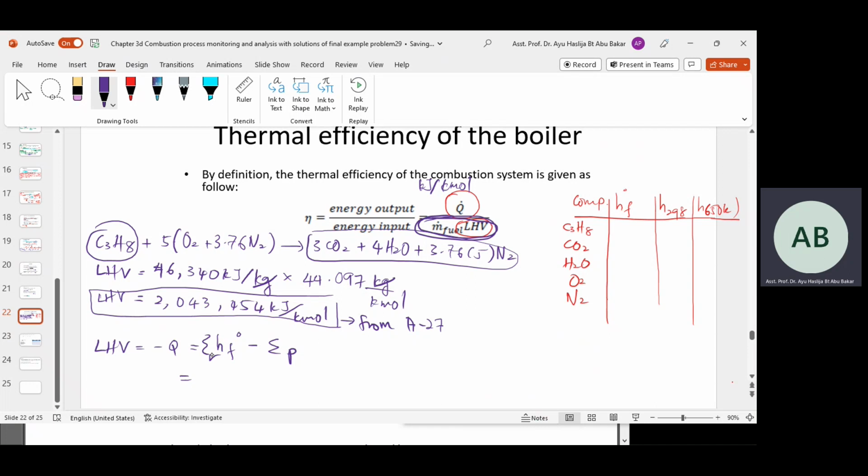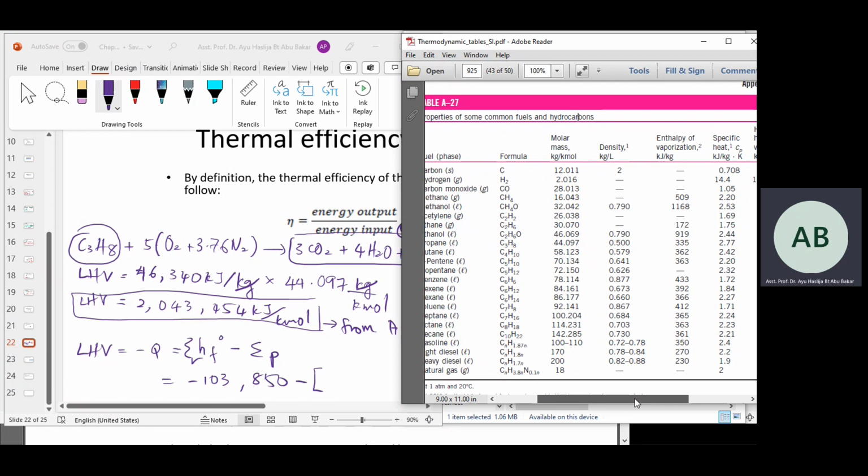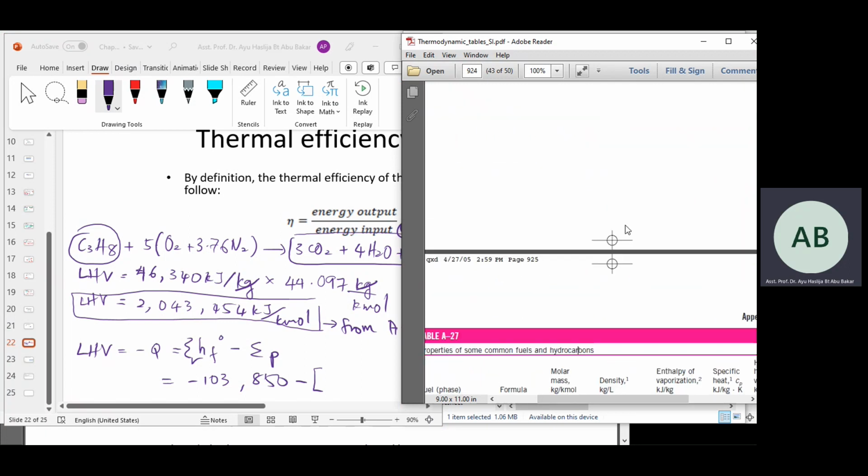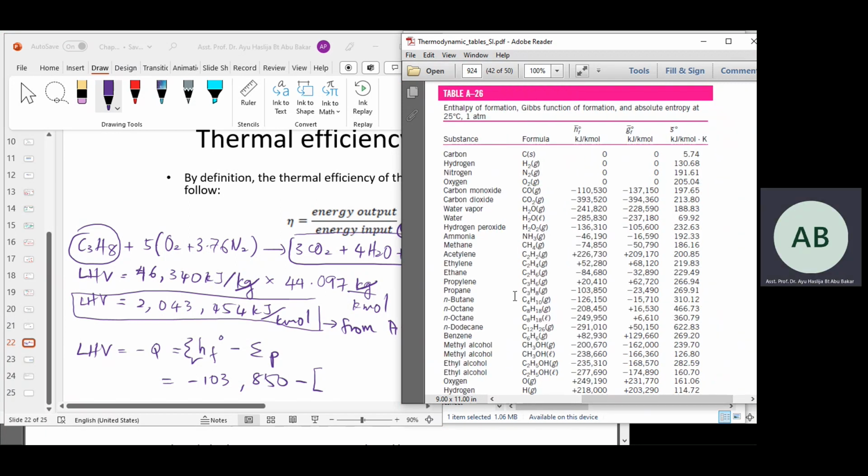Now the HF of the propane, we can extract from the table. It will be this value. The heat of formation is in table A26 for propane, 103850.